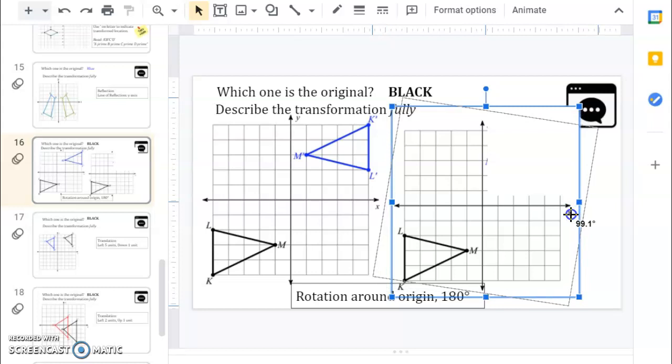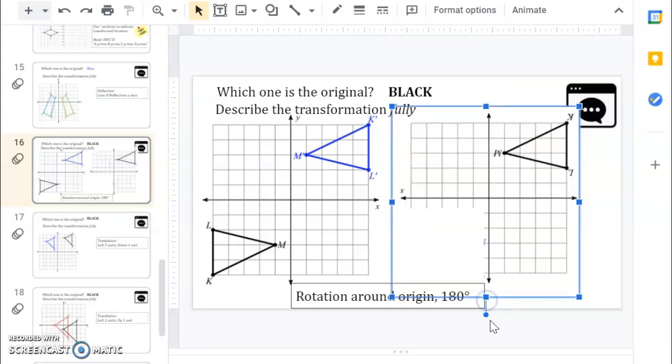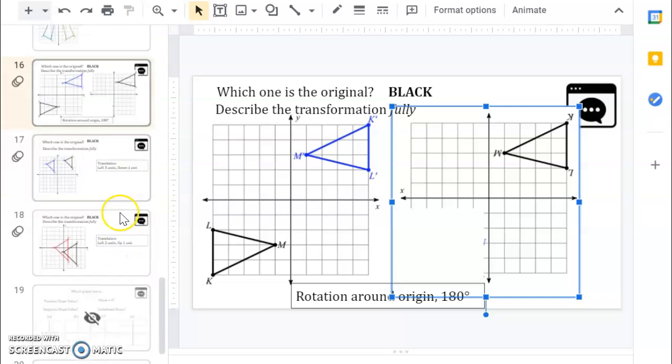When I match up the image, turn it again, 180 degrees, this is the image after the original is rotated 180 degrees, and that is exactly where the new image is. So I know that that was rotation by 180 degrees. Clockwise or counterclockwise, it does not matter because they are the same thing.